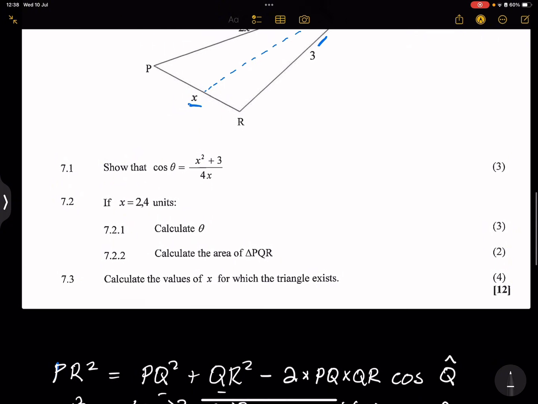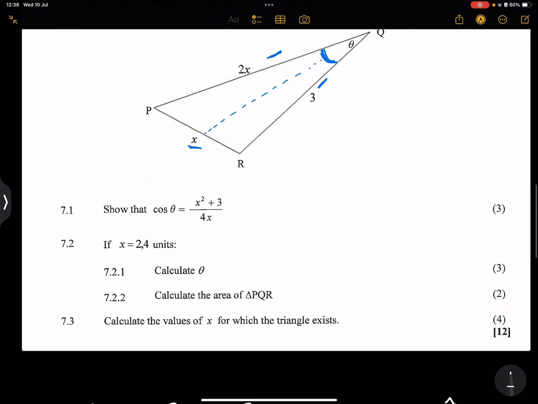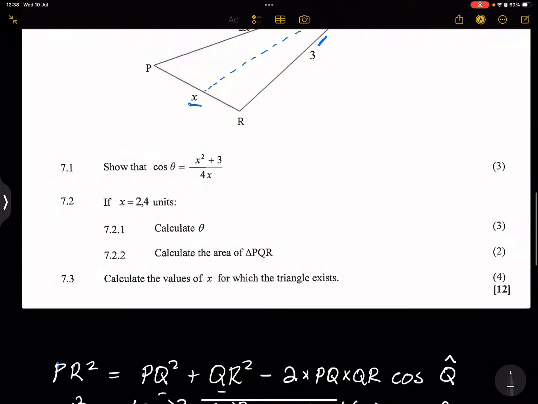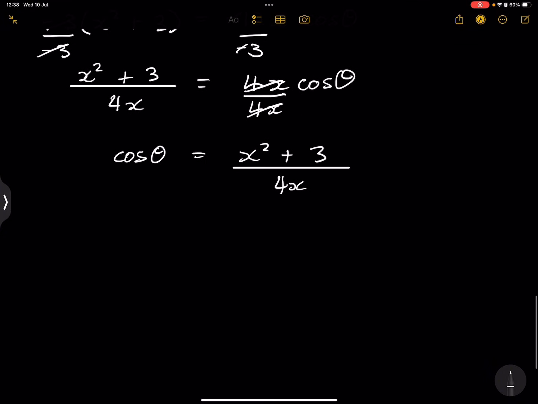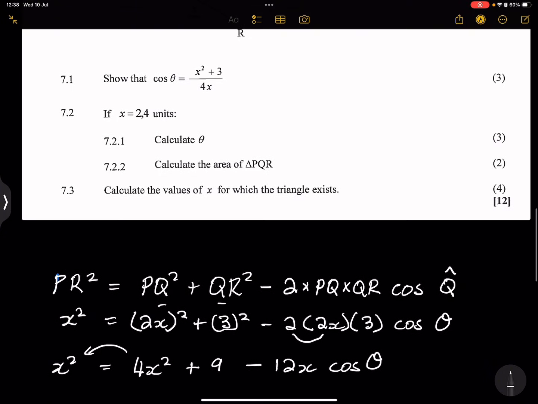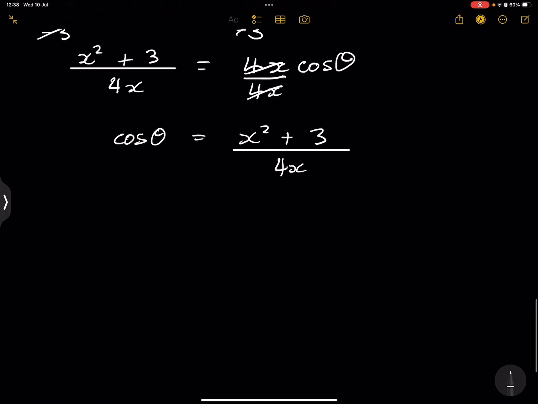Right, now on the next one, they say if x is equal to 2.4, calculate theta. So x is 2.4 units. So that was the next question, 7.2, but we're starting with 7.2.1.